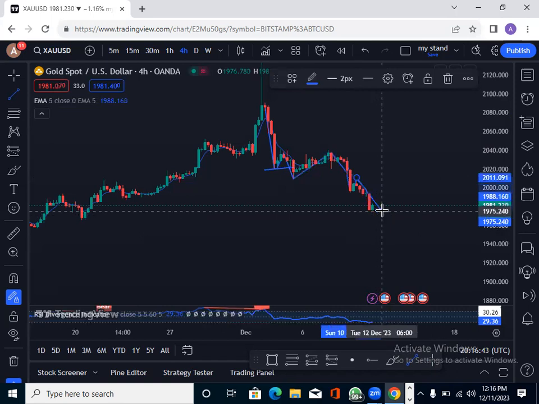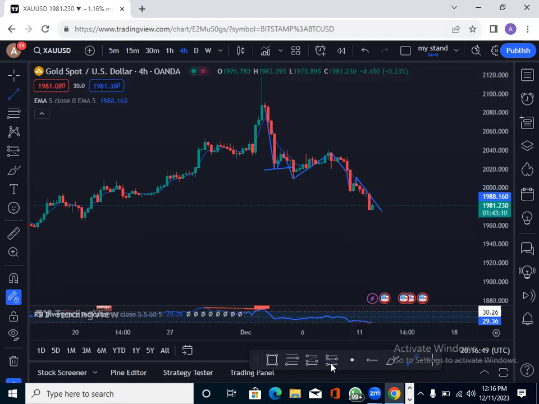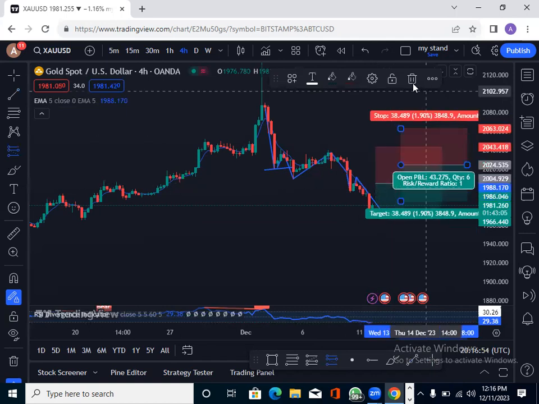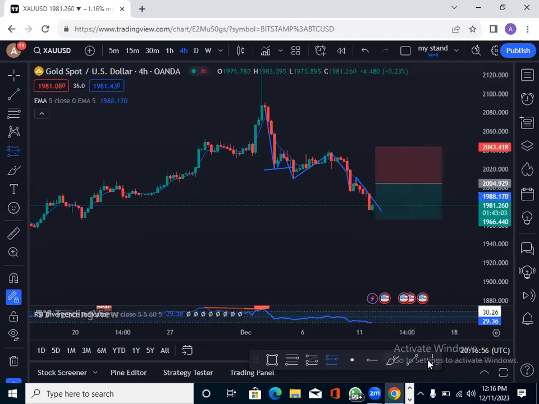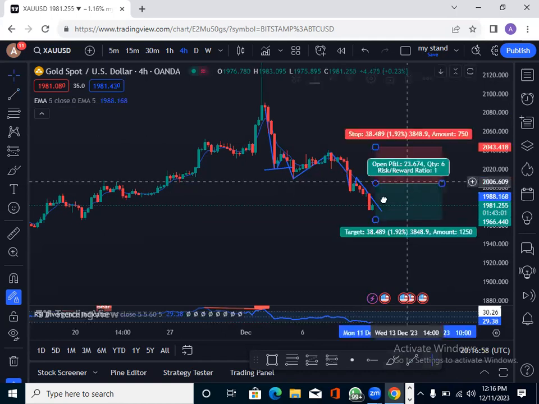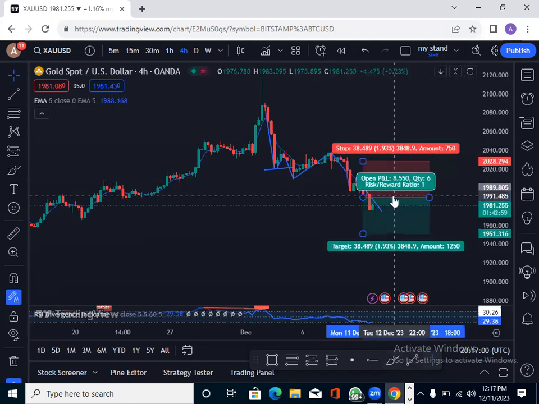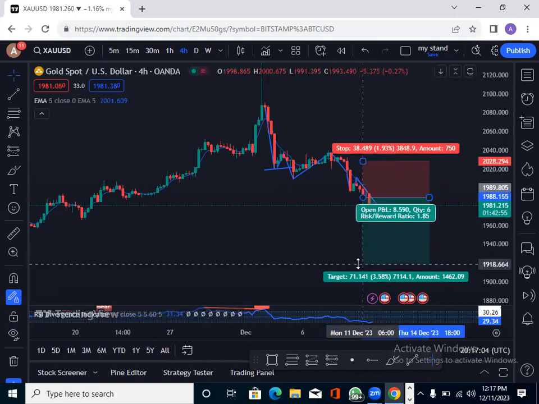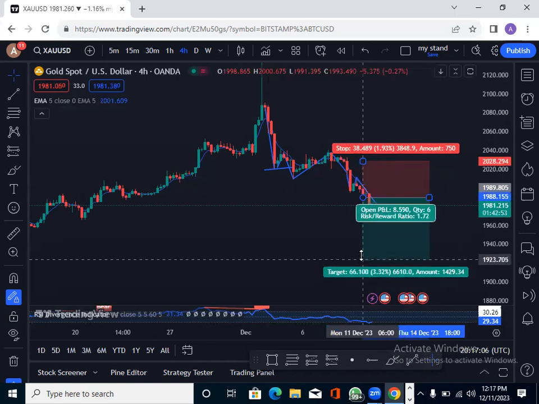This was our analysis yesterday, and I went further to drop this as a signal. I dropped it yesterday, something like this, and I said the market is going to 1960.